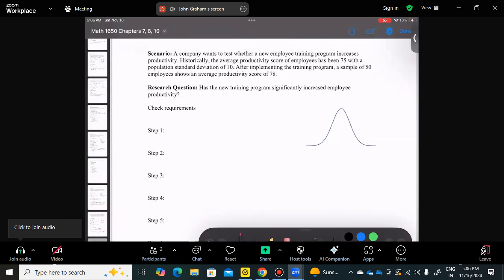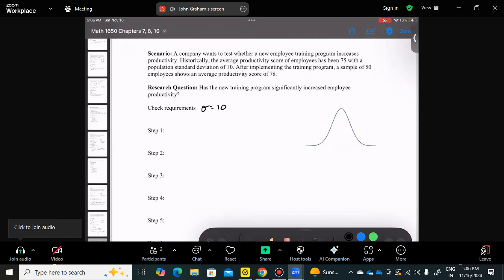Has the new training program significantly increased employee productivity, or are we just looking at a sample fluctuation here? Okay, here we actually do know the population standard deviation is equal to 10, and we'll assume it's a normal distribution of the population.